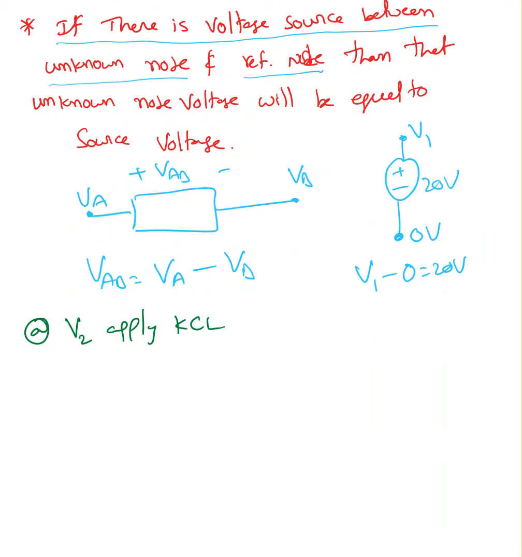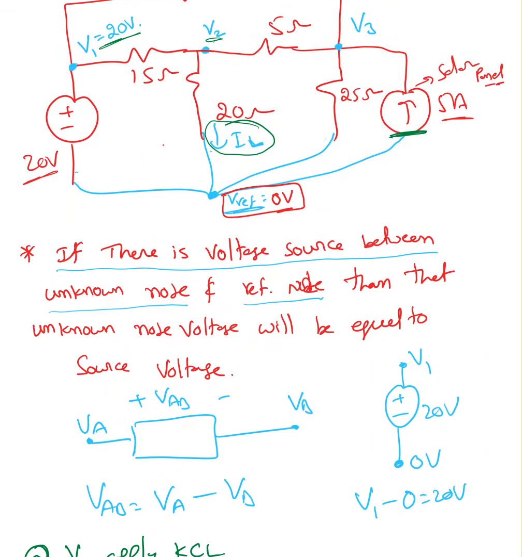Apply KCL. Here I'm going to choose all the currents going out of that junction. So IA, IB, IC. Is it possible to have all the currents going out? It is not possible. But remember, current is a vector quantity, so you can change the direction.